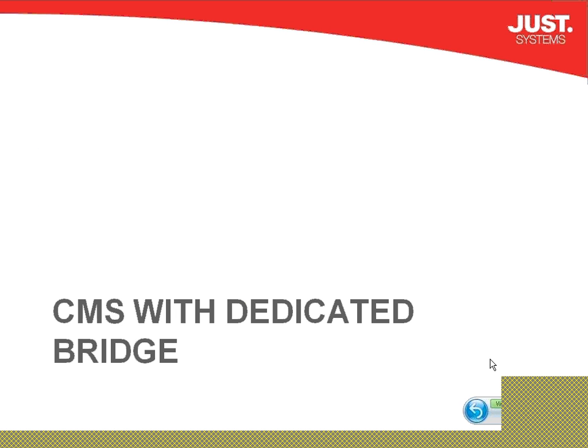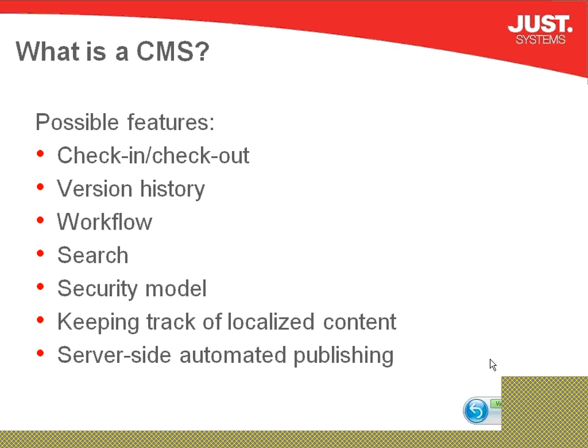So let's move up one level from this small team, small content scenario and look at content management systems. There's a lot of different content management systems out there. Just a very brief, high-level and partial overview of the kinds of things that you can get in a content management system that you wouldn't get anywhere else.